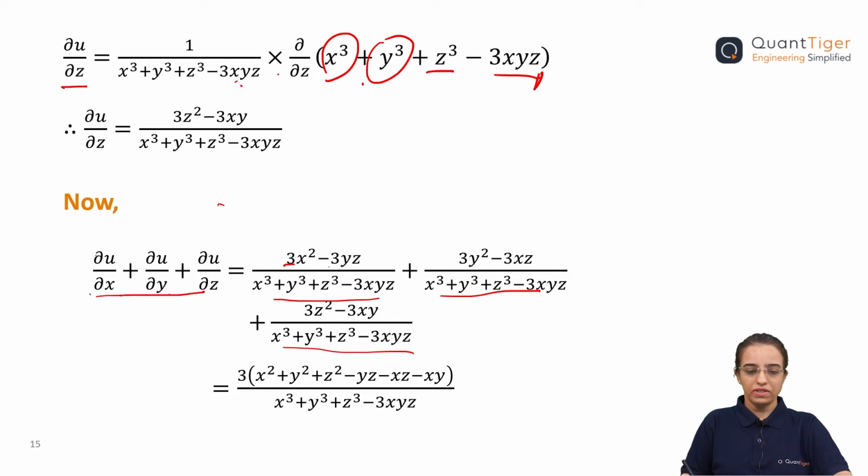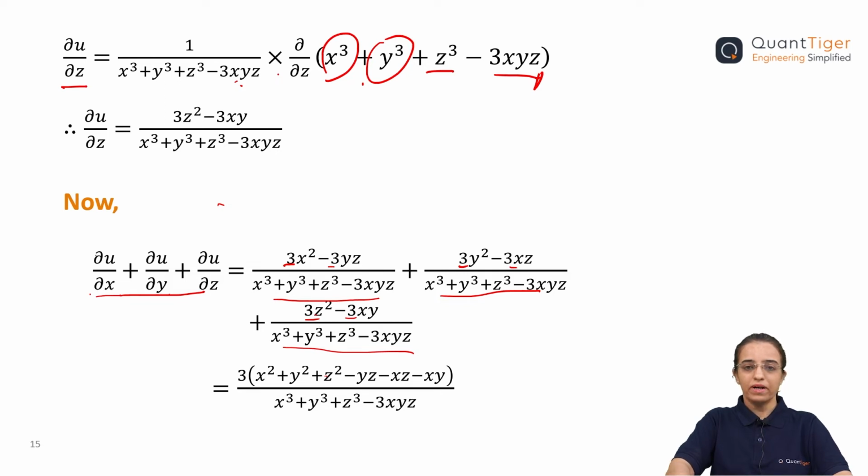And if you notice here, every term in the numerator has 3. So directly what we can do for simplification, 3 we can take out common from all the terms in the numerator, and whatever is left over उसको एक bracket में डाल देंगे. तो x square plus y square plus z square ये हो जाएगा numerator minus yz minus xz minus xy.